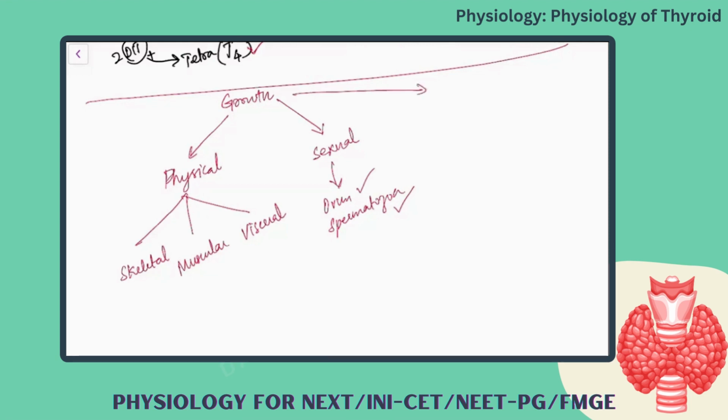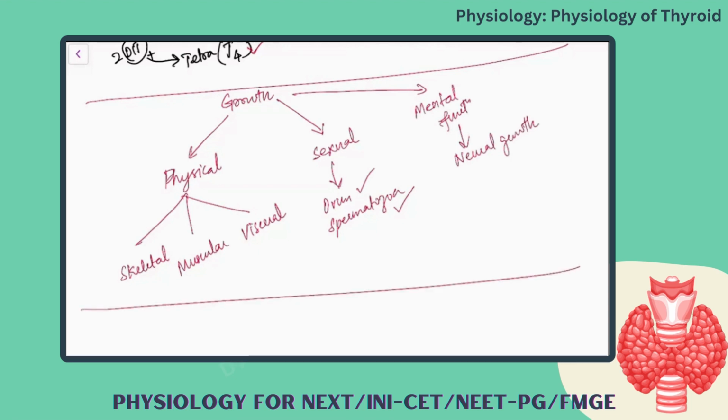And third, it also has a role in mental function, in the sense of neural growth. Okay, these are the major functions where the thyroid hormone has its role, almost all parts of the body: skeletal growth, muscular growth, visceral organ growth, growth of the reproductive gonads, and also the neural system.